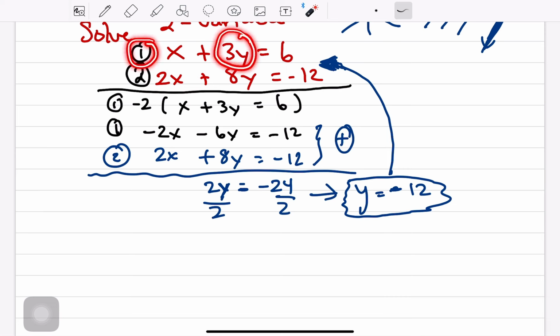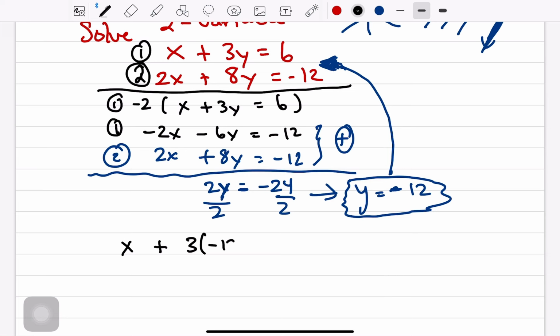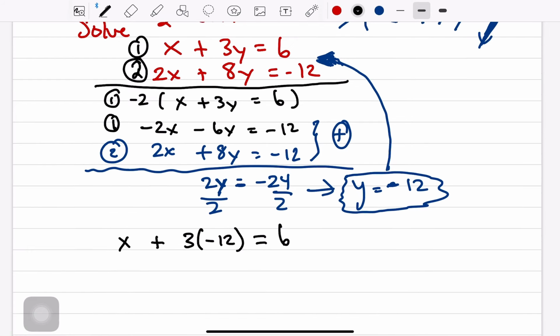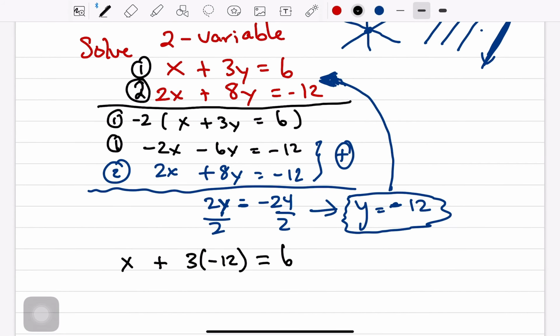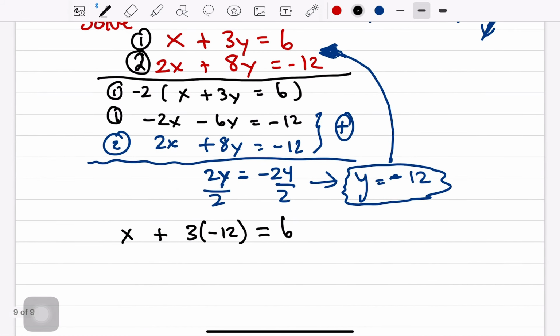So I'm going to use equation 1 because x is by itself already, right? So I'm thinking in my head that that's going to make my life easier. So I'm going to go ahead and write equation 1, x plus 3 times, not y anymore, but what y equals, and that's negative 12 equals 6. Now, I'm almost done. I'm going to go ahead and just solve for x.